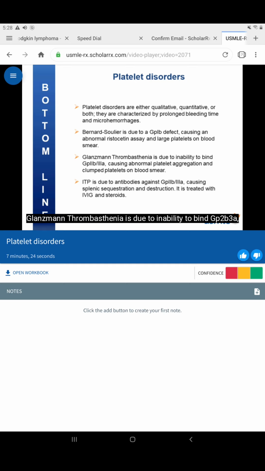Glanzmann thrombasthenia is due to inability to bind GP2B3A, causing abnormal platelet aggregation and clumped platelets on blood smear. And lastly, immune thrombocytopenia, or ITP, is due to antibodies against GP2B3A, causing splenic sequestration and destruction, and is treated with IVIG and steroids. That's pretty much it for our video on platelet disorders.